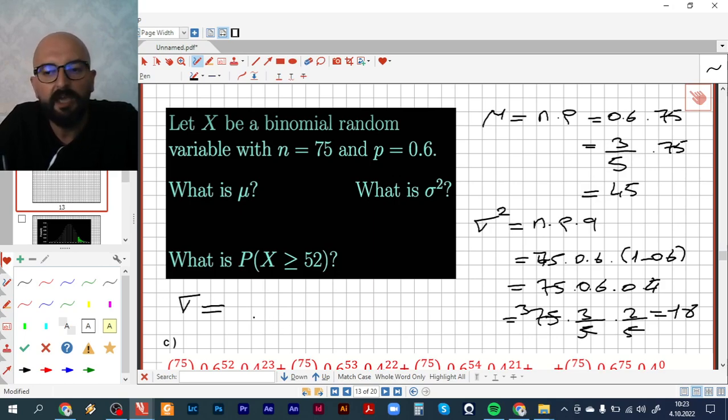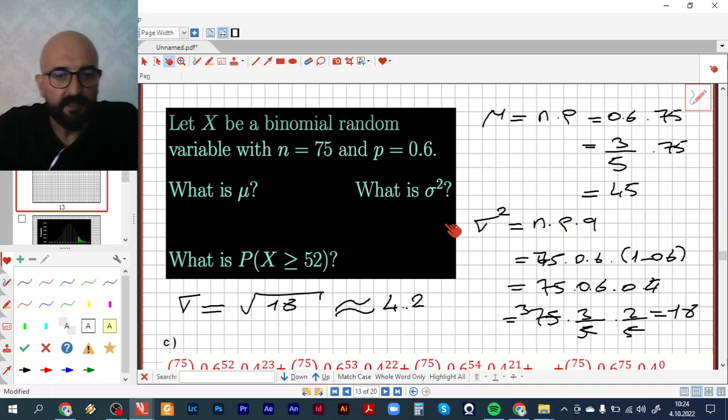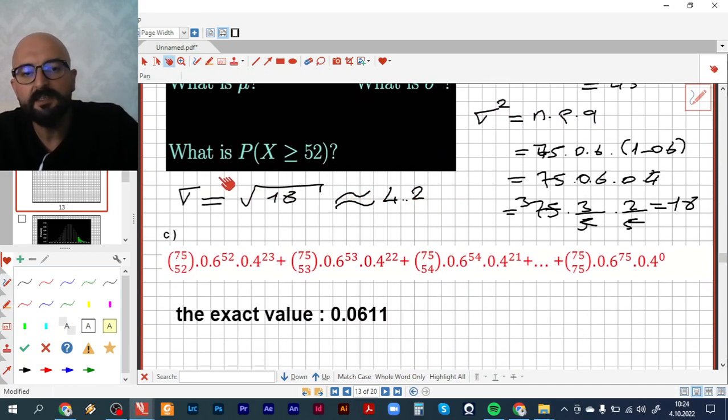Your standard deviation is the square root of 18, approximately 4.2. Okay, now what is the probability of x greater than or equal to 52?